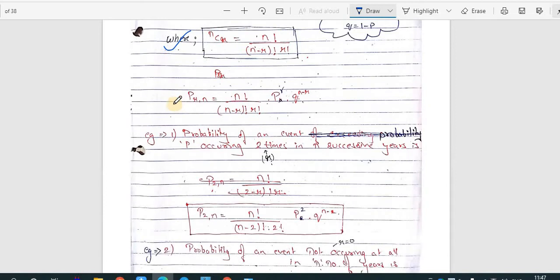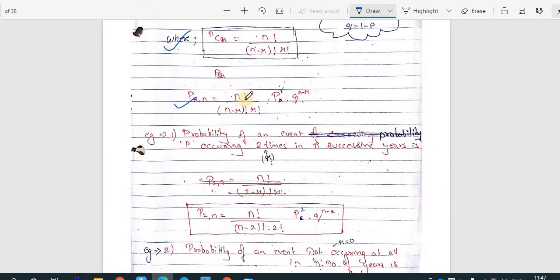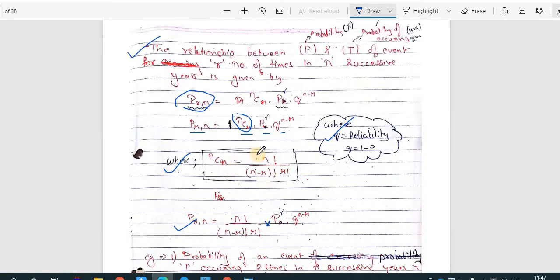After putting all these values, instead of q we put 1 minus p, instead of nCr we put this value, so the final equation becomes this.